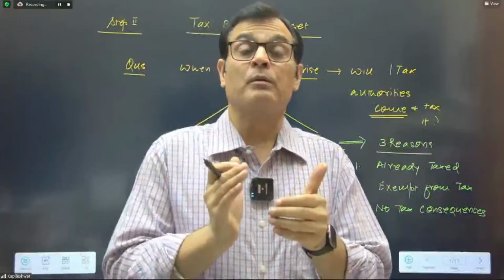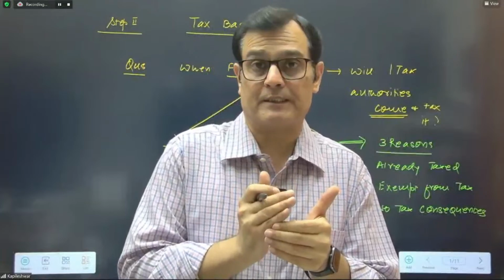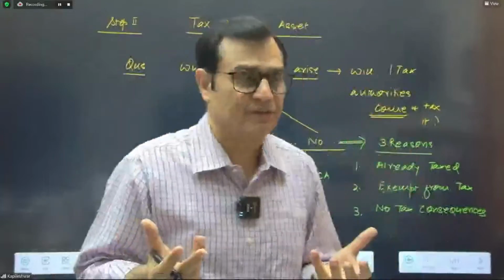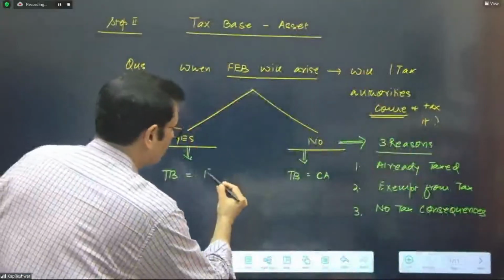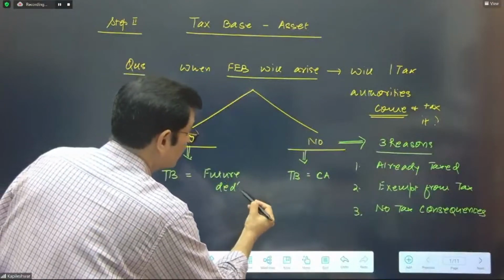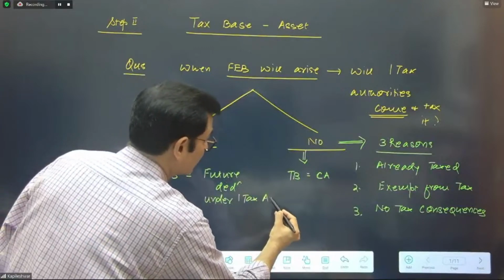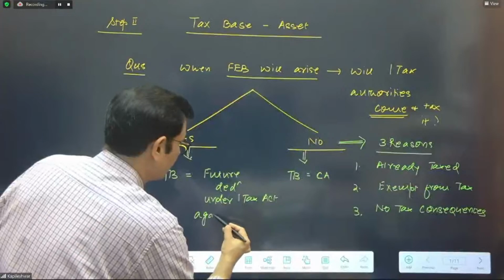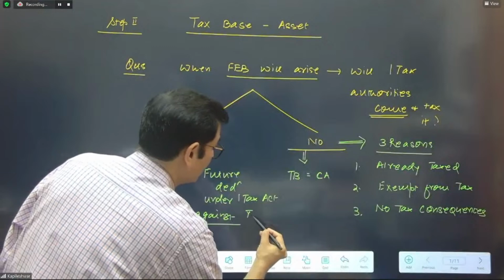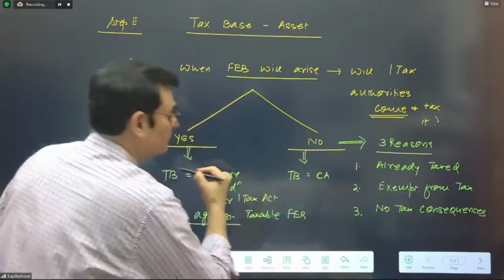But if you say yes, you will immediately tell the income tax authority, okay, these benefits are taxable, but what is the deduction you will give me against these benefits? So my tax base is the question which I'm going to put to the tax authorities. I'm going to say, okay, tell me what is the future deduction under the Income Tax Act against the taxable future economic benefits.